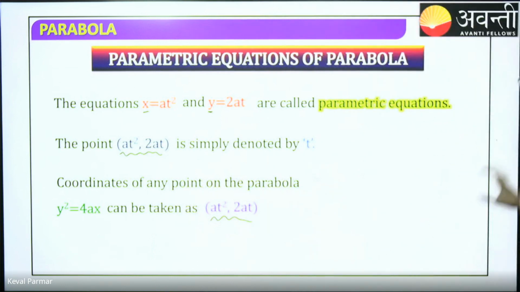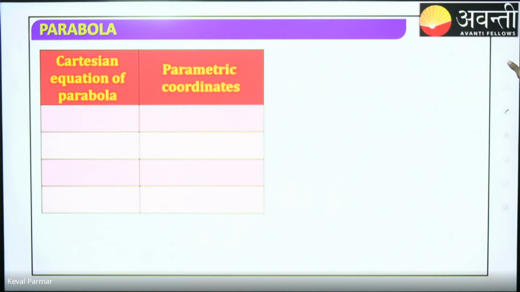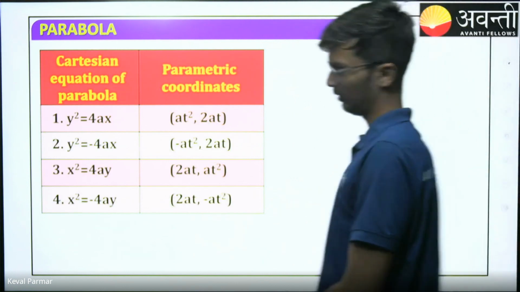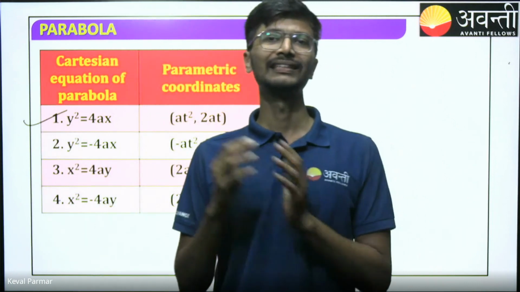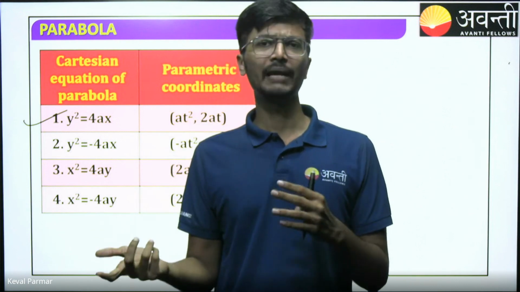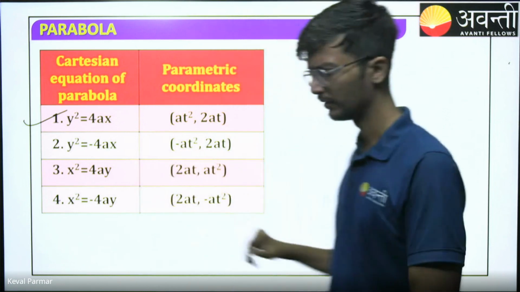So let's see what we have next. This is a Cartesian equation and this is a parametric equation. Now, the most important one is y square equal to 4x, because as I said, 90-95% of the time, the parabola given in the question will be only y square equals 4ax. Let's move further.